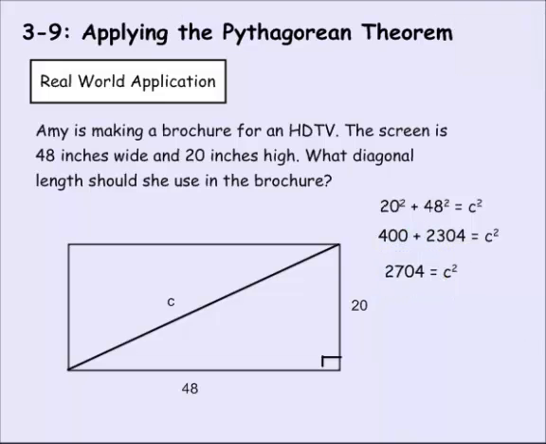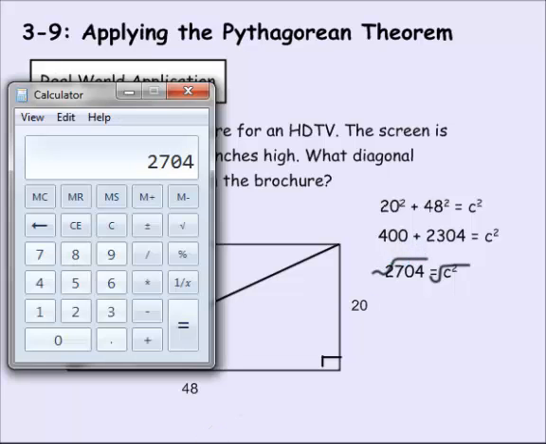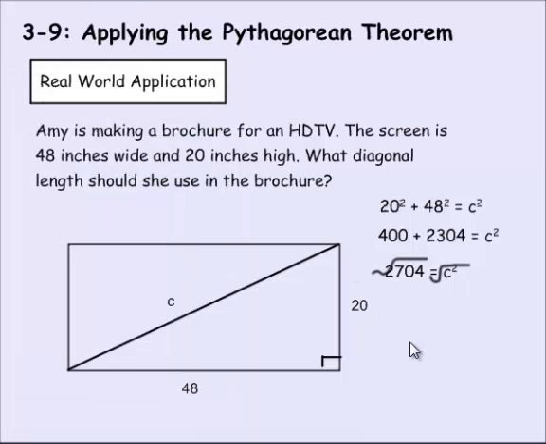So if we square root both sides of this equation, we'll be able to find that C. Take the square root of C squared, that's C. 2704, the square root of that would be 52. So it's a 52-inch TV, because they always measure from diagonal to diagonal when they do TVs.